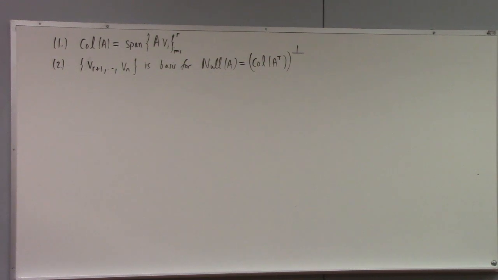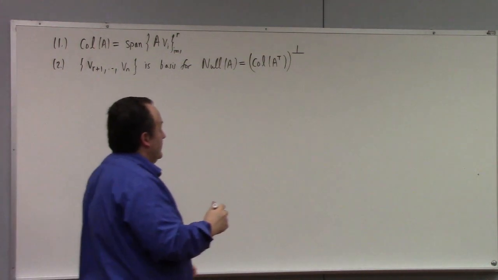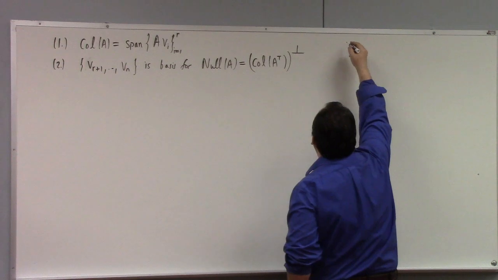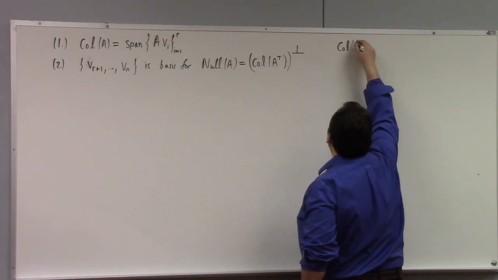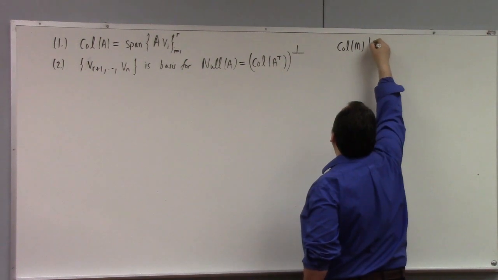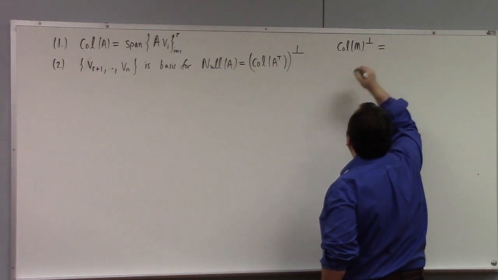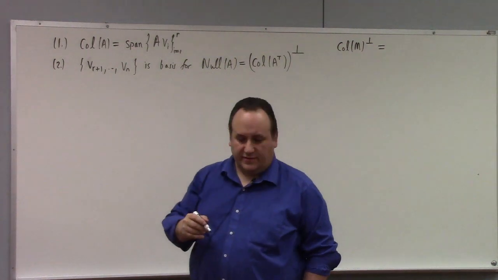So what did we say about, would you remember what our formula was? Let me change the letters on us for a second here. What's the column space of M perp? What was the theorem we worked out?